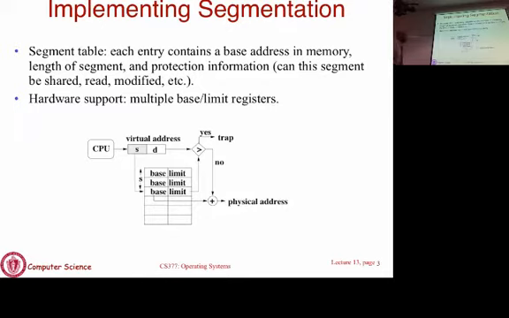Okay. And since the number of segments is somewhat limited, whereas the number of pages could be very large, you couldn't store the entire page table in registers. But the number of segments is not that many. In this case, only 3, but you may have maybe 10 segments. So you need not a whole lot of registers. So it's okay to put the segment table in registers rather than storing it in main memory. Okay, it's much faster.